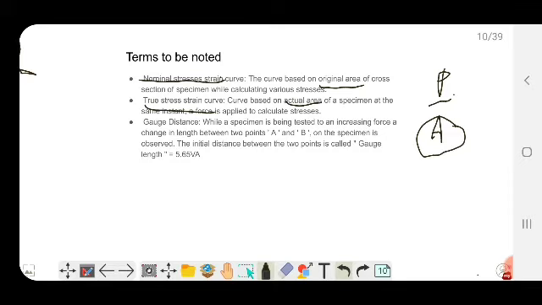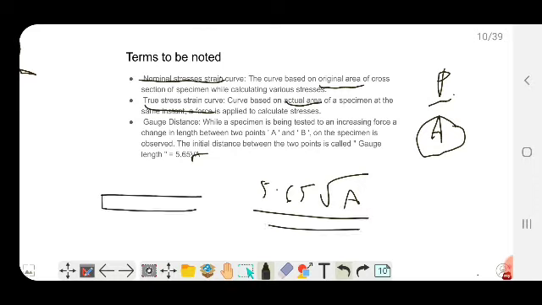It is just a sample distance we are taking on any body. For any cross section we will take this much length, 5.65 root A, and we will observe the changes undergone over this particular length, and it is termed the gauge length.